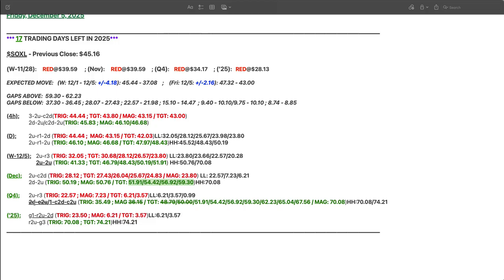On the quarter, we've talked about how we triggered the 1 combo 2 down, combo 2 up after completing this 2 down, combo 2 up reversal that triggered at the magnitude of this 2 down, combo 2 up, 36.15. So as long as we're above 36.15, then we're still in this 1 combo 2 down, combo 2 up. Ultimate magnitude for that is 70.08. And on the year, we talked about we triggered the 1, 2 up, 2 down, but reversed that, right?